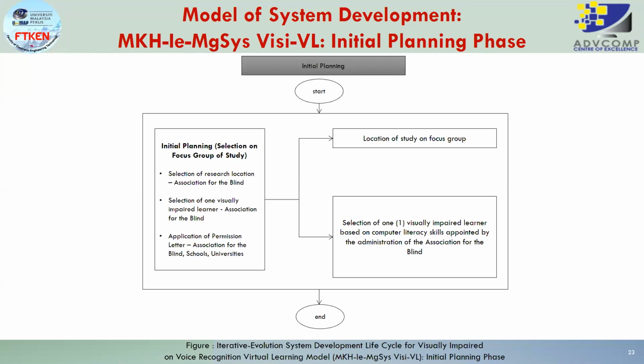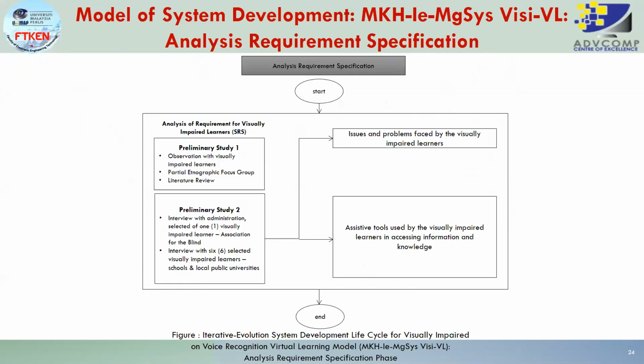It consists of the planning to define the background of the user's needs. Then this is the first subphase, which is the analysis requirement specification, and this is the process flow to analyze the requirement specification of the user.